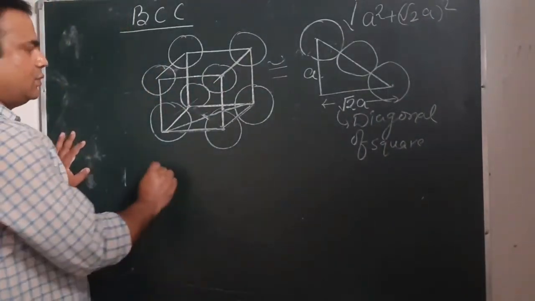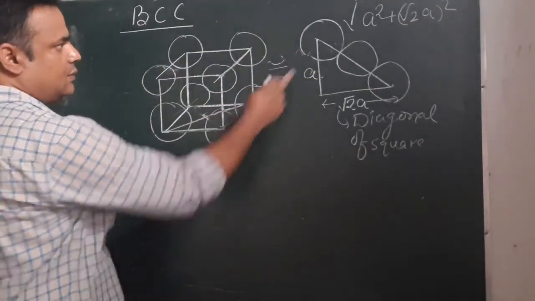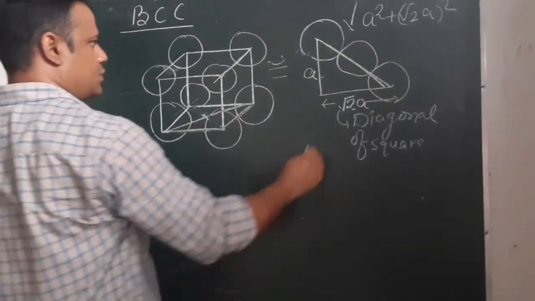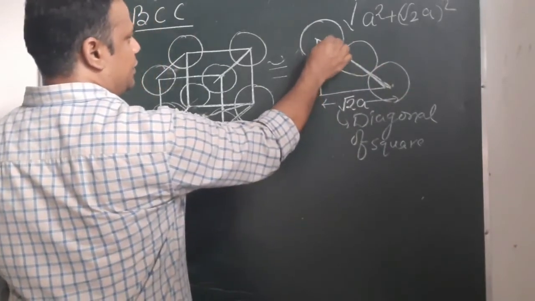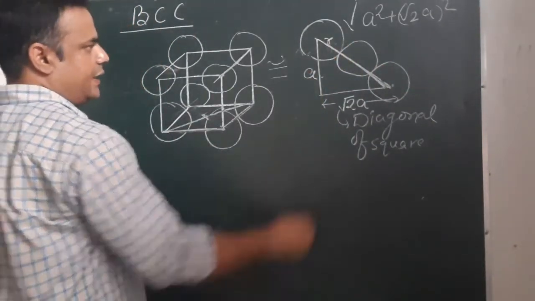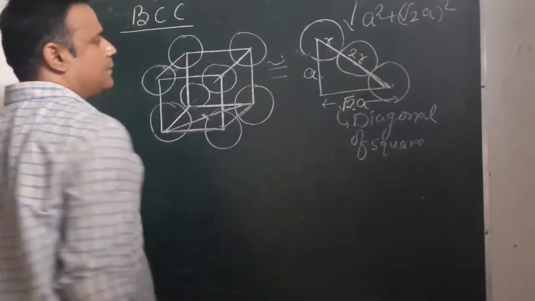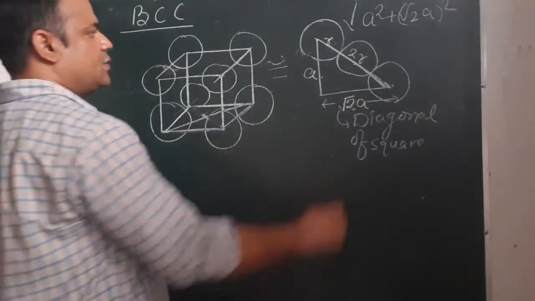If we have to find this diagonal, let's suppose, what will this diagonal be equal to? This one is r, the radius, and this is passing through the center, so this will be 2r, and this one will be r.